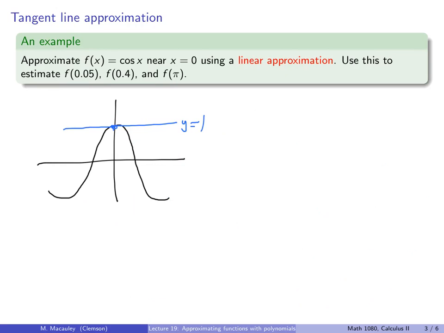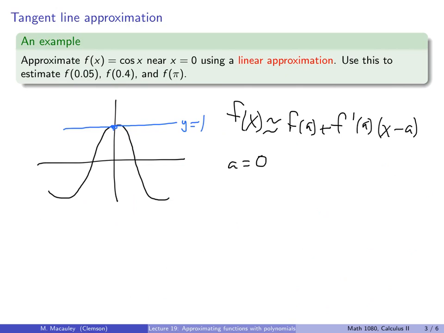Okay, so recall from the last slide, we said that for the tangent line approximation, we get a formula: f of x is approximately f of a plus f prime of a times x minus a. I should be putting zeros here instead of a, but that's okay. So here a equals 0, and f of 0, cosine of 0, equals 1. What's the derivative? So we need the derivative. f prime of x equals negative sine of x.